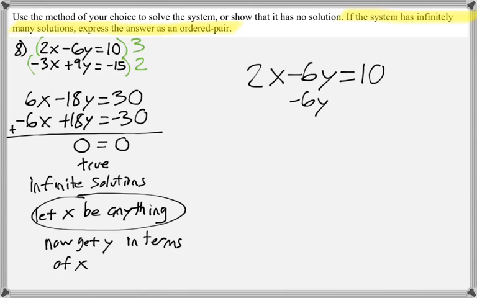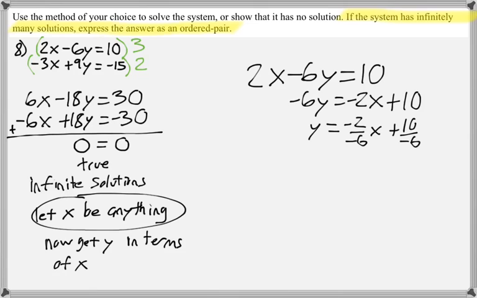So I want to subtract 2x and then divide by -6. And then reduce. So I have y is equal to 1/3 x minus 5/3.